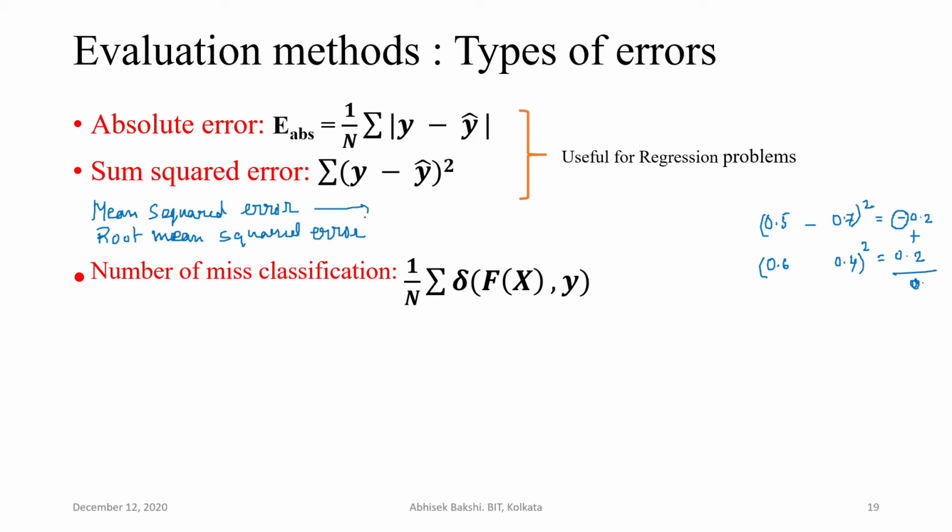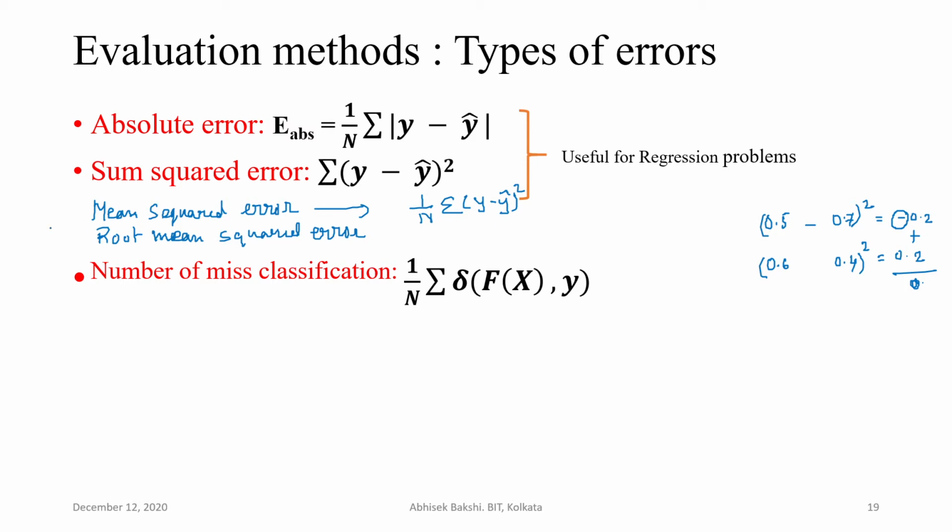Mean square error is 1 by n times the sum of y minus y hat squared, where n is the total number of cases you are testing. It just divides the total error by n, which is why it becomes mean square error.